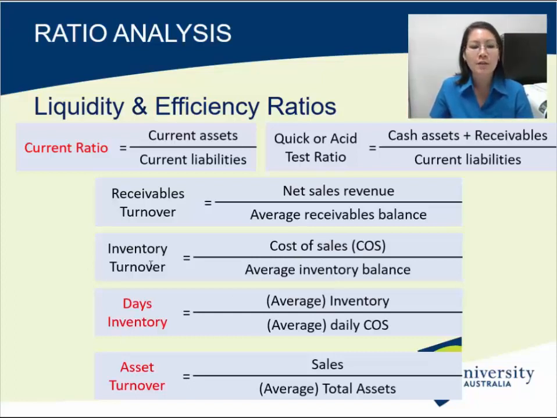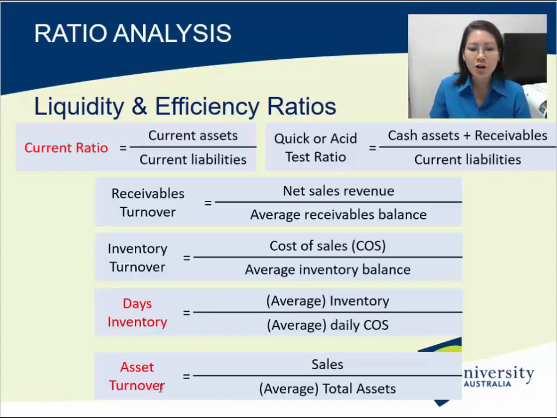If you divide the inventory turnover figure into 365, you'll get this figure, days inventory, and that's what we actually calculate. So we do the average inventory, average daily cost of sales, this is where we put the 365 in, and I'll show you how to do that when we go through our company spreadsheets. So number of days inventory, how long is it taking us to sell our inventory from the time we purchase it to the time that we actually sell it?